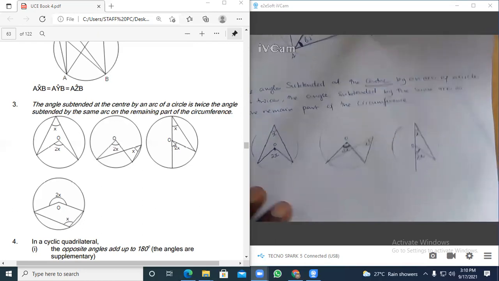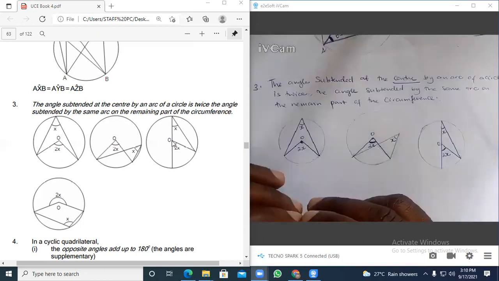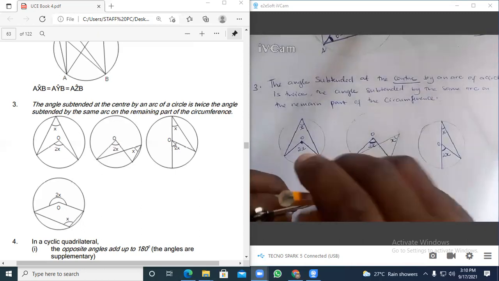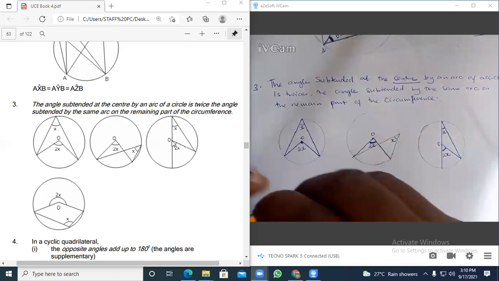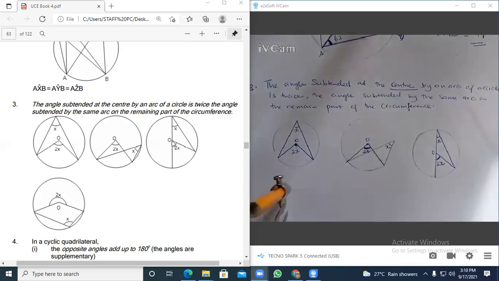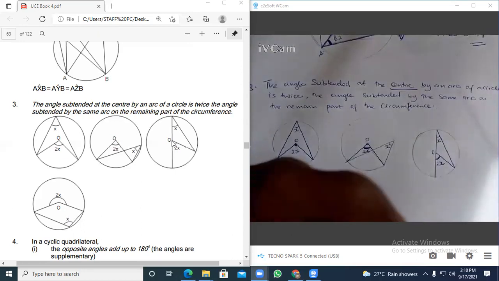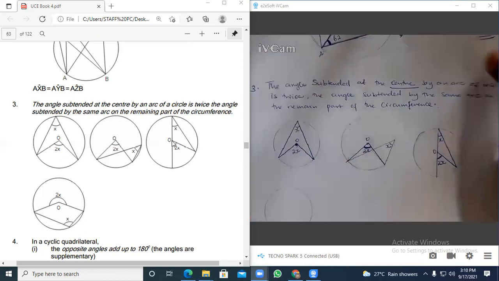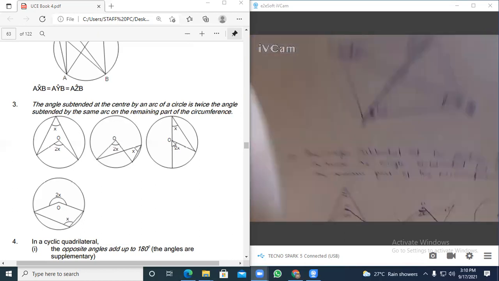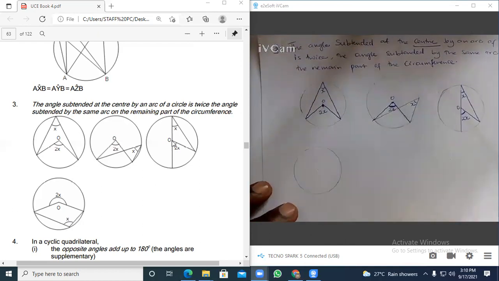Now let us go to the last one. The last one is a bit tricky, but let us see it. And afterwards, we are going to look at the example. So let us look at that.